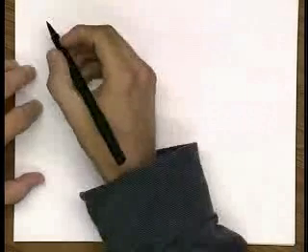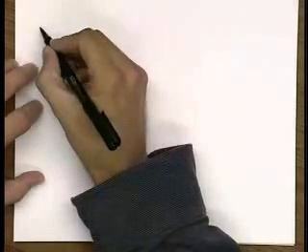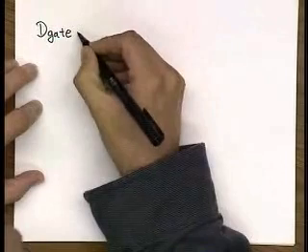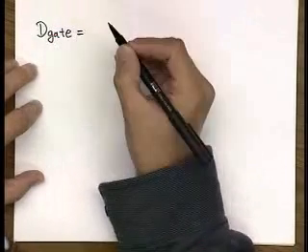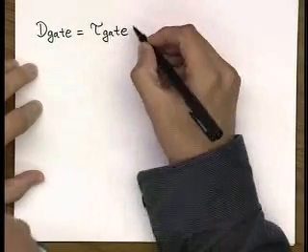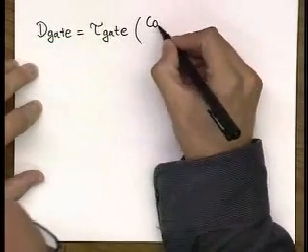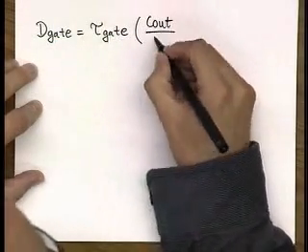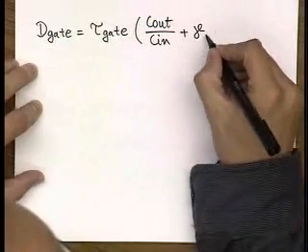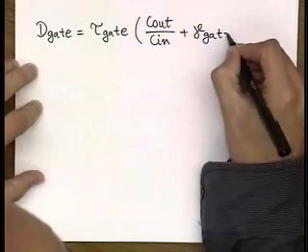So what we want to do is express the gate delay, which is equal to tau gate times the output capacitance to input capacitance ratio plus gamma of this gate.